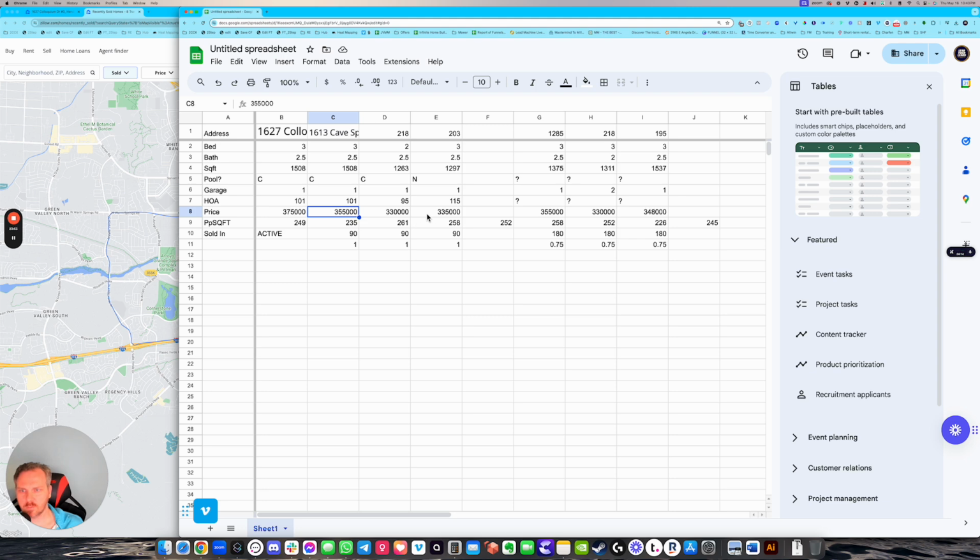Bedroom might be, this was 25, probably $20,000 for the value of the bedroom. Oops, this should be 50 now. So this is the value of the extra bedroom.